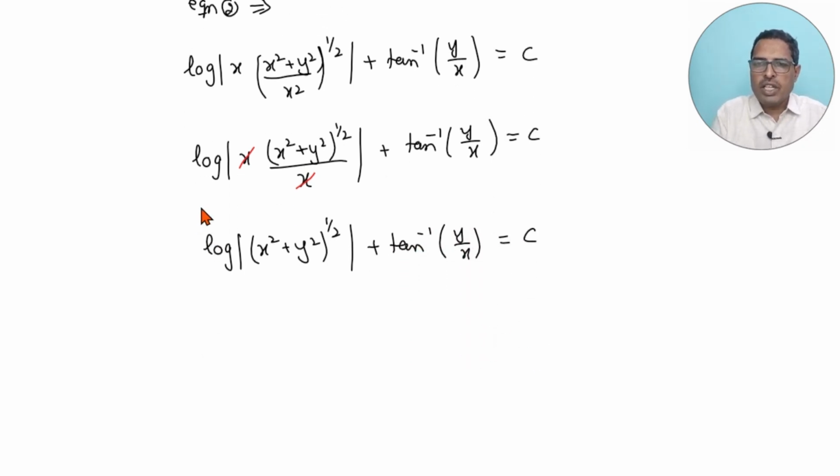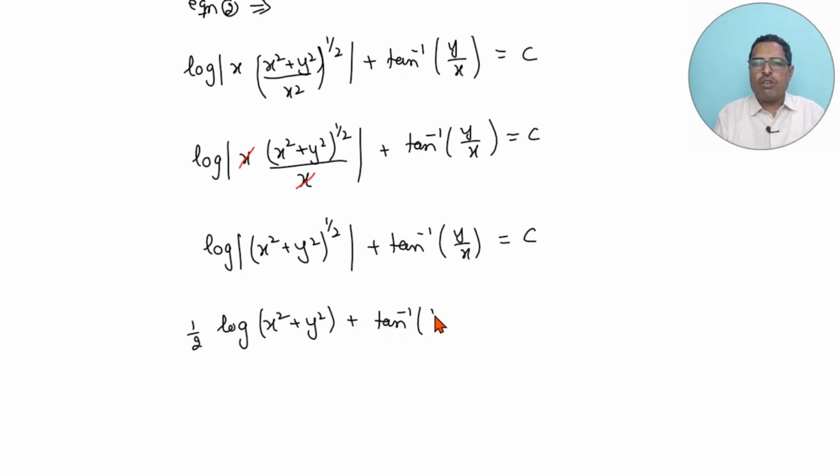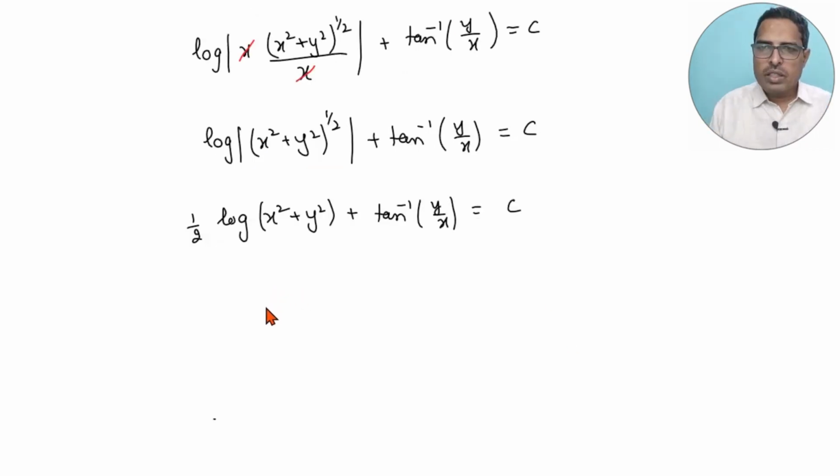Or can I rewrite this value as half times, again I am taking it outside, log of x square plus y square. Since x square and y square both are positive, we can just write it as log of x square plus y square, plus this value, tan inverse of y by x, is equals to c. Now let us take the LCM as 2 over here.